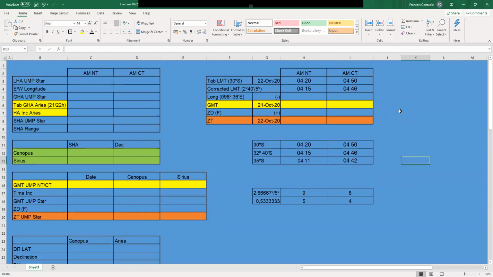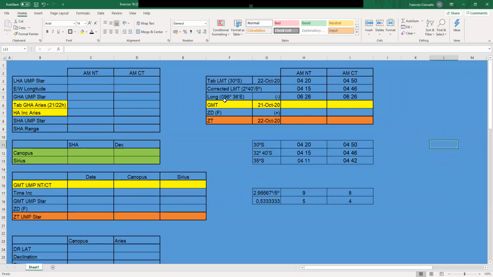If you take 96 degrees 36 minutes and divide it by 15, what do you get? Six hours, 26 minutes.